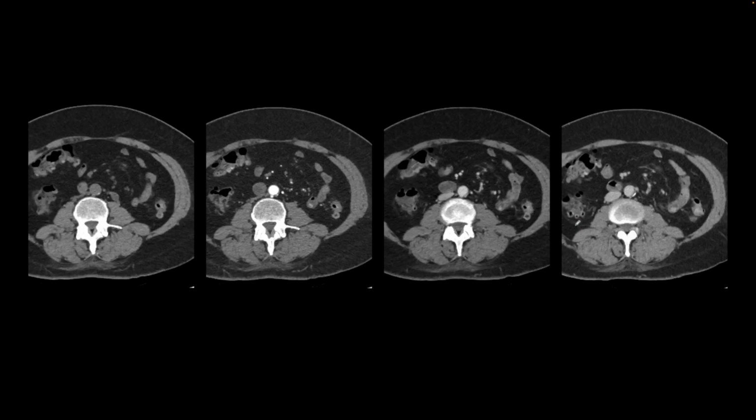This next patient underwent a CT of the abdomen and pelvis in multiple phases. This was a GI bleed protocol because they were passing bright red blood per rectum. So starting from the left, we have non-con, arterial phase, portal venous, and delayed phase. The finding is very subtle, but it was correctly picked up by one of our trainees.